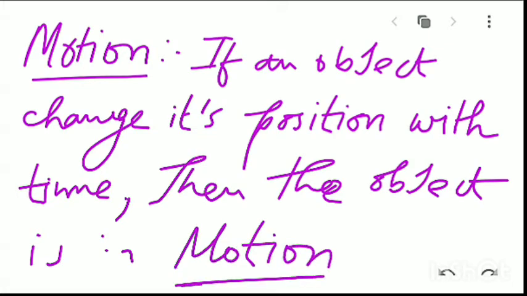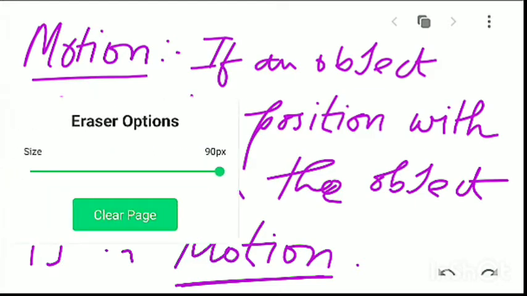Clear? That means to be in motion, you need to move from your place with time. Without moving from your place, it cannot be said to be in motion. Clear? So we got two states of an object: the state of rest and the state of motion.